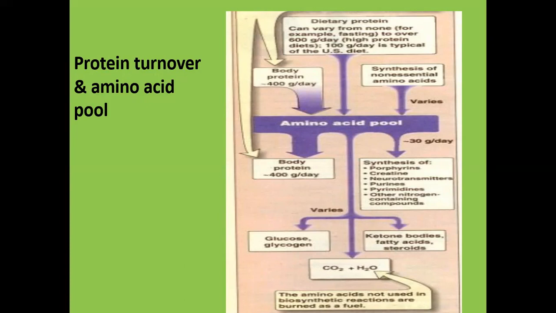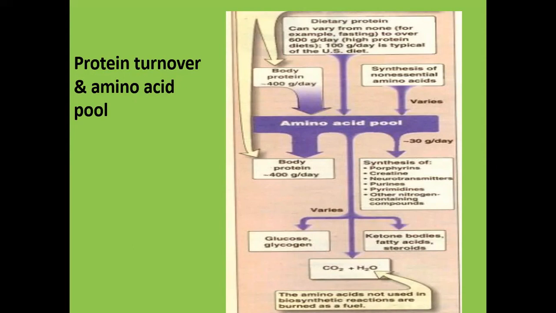Then the second source of the amino acids in the amino acid pool is the dietary proteins. Dietary proteins taken in the diet, when they are digested, break up into amino acids. These amino acids, when they are absorbed, join the amino acid pool of the body. And the third source of the amino acid pool is the non-essential amino acids. Non-essential amino acids are those which are synthesized in our body.